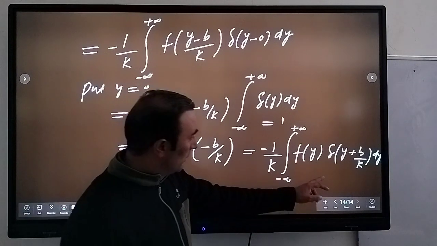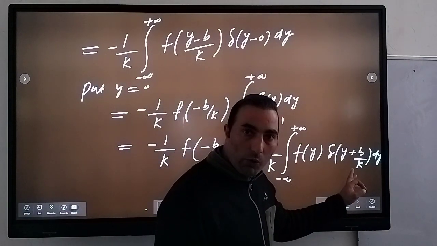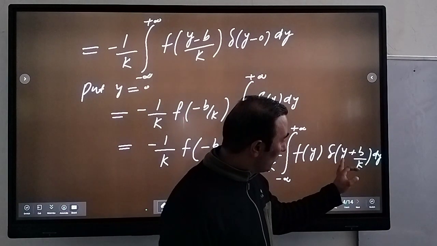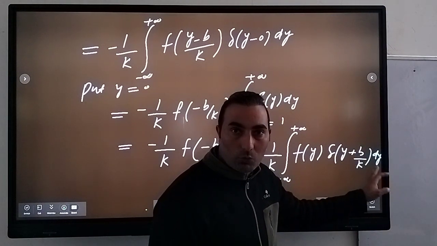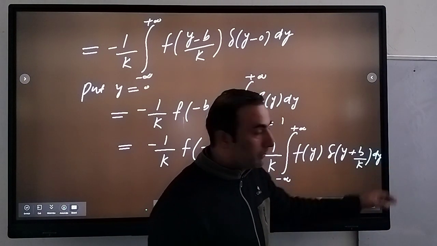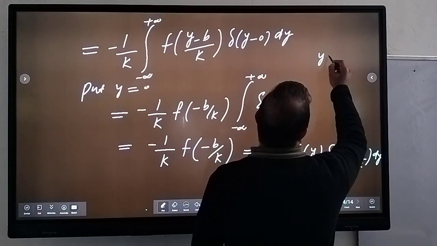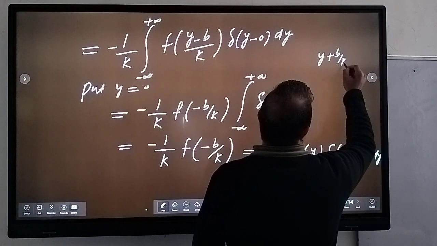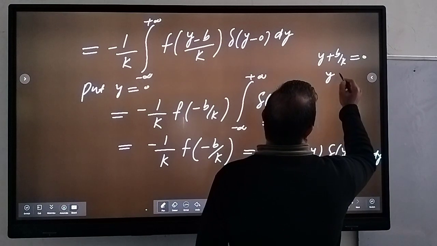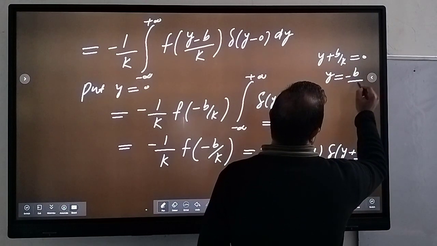Because it's very easy: when y plus b by k should be equal to 0, I need to put this equal to 0, that's y plus b by k equal to 0, and y equal to minus b by k.